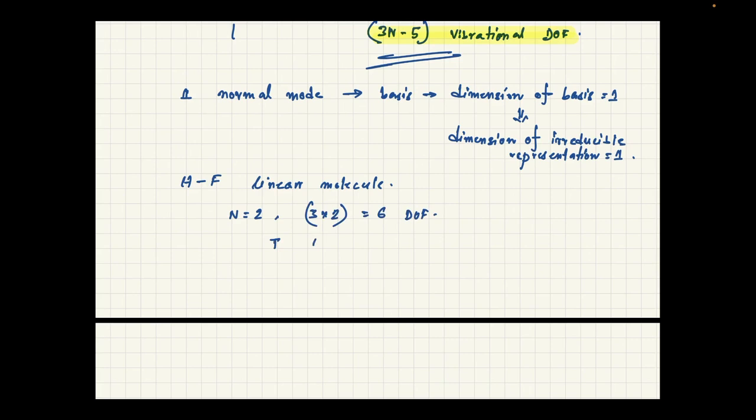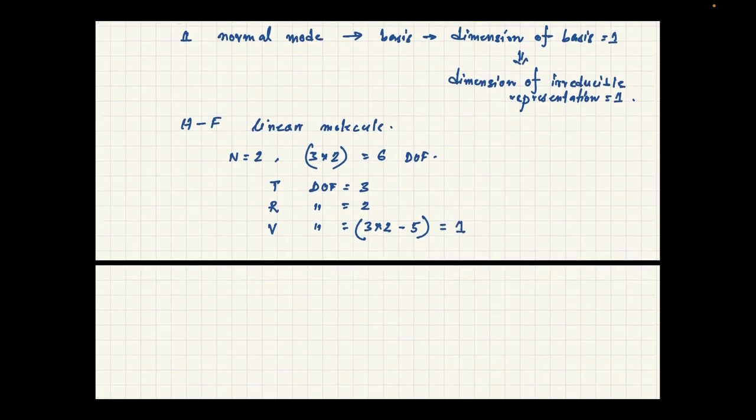Okay, so translational degrees of freedom will be 3, rotational degrees of freedom will be 2, and the vibrational degrees of freedom will be 3n minus 5, which is 3 times 2 minus 5, right? Because it is a linear molecule, there will be 1 vibrational degree of freedom, or vibrational normal mode.